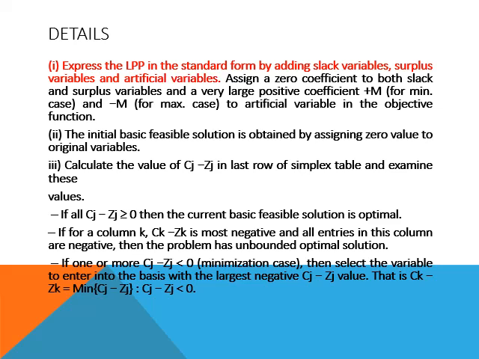Assign a 0 coefficient to both slack and surplus variables, and a very large positive coefficient plus M for the min case, and negative M for the max case, to artificial variables in the objective function. Secondly, the initial basic feasible solution is obtained by assigning 0 value to original variables.